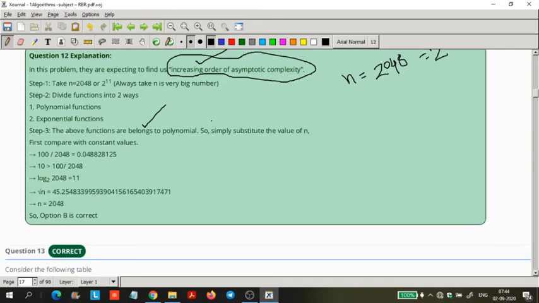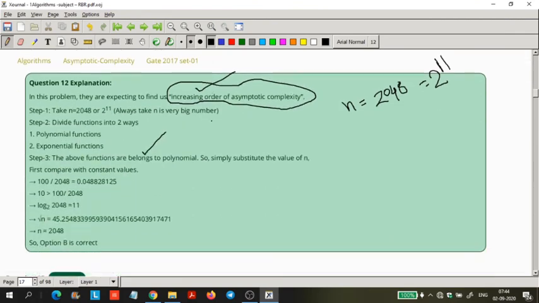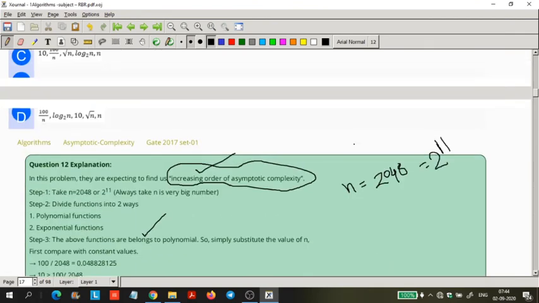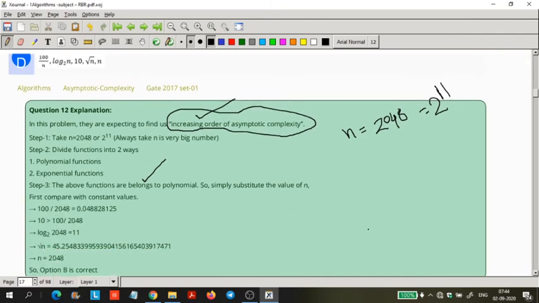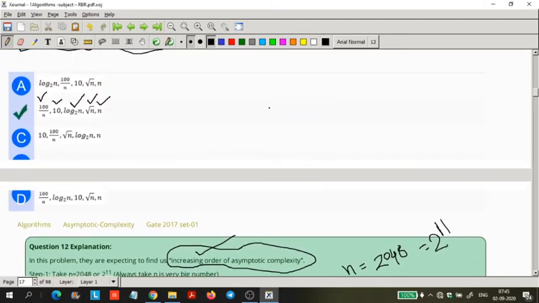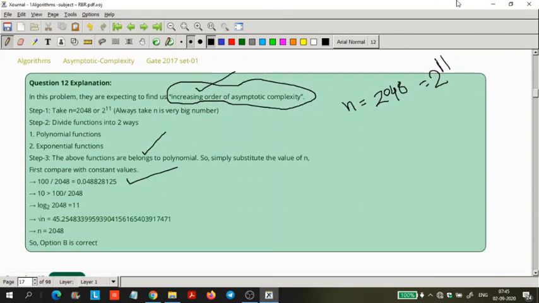First, compare with the constant value. The first is 100 by n, which means 100 divided by 2048, and we get 0.0488. Then the second is 10, which is greater than this number, since we want increasing order.